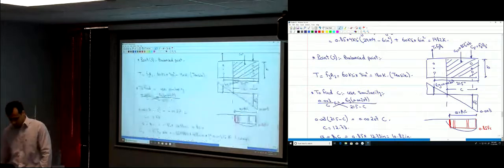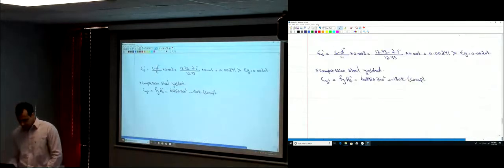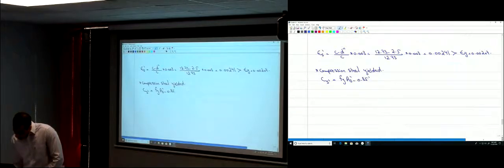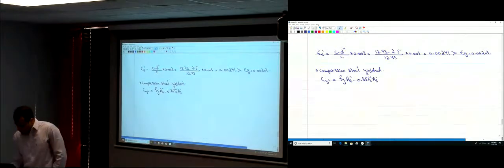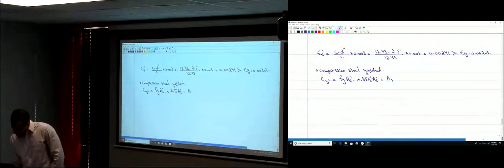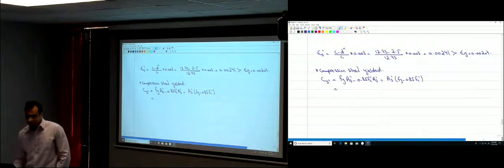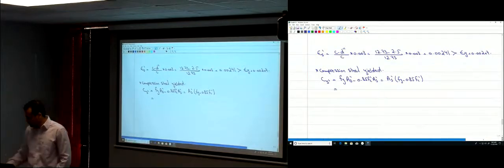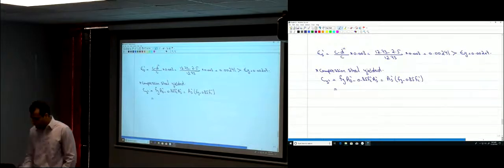As we did in the previous example, I will subtract 0.85 f'c times area of steel prime. So that's area of steel prime multiplied by (f_y minus 0.85 f'c). Don't forget to do this. The numbers won't have a huge difference, but this is more accurate.